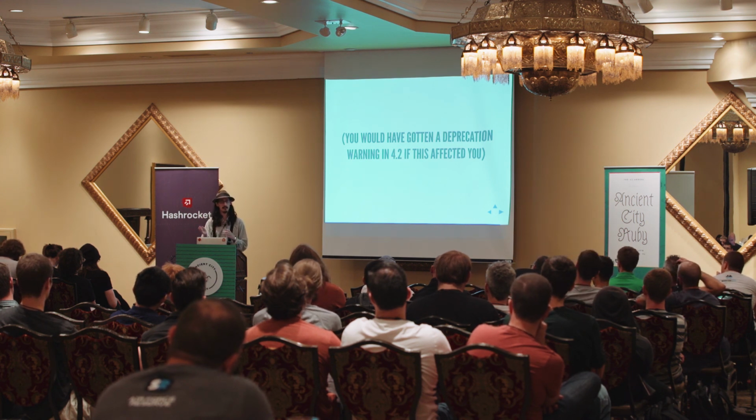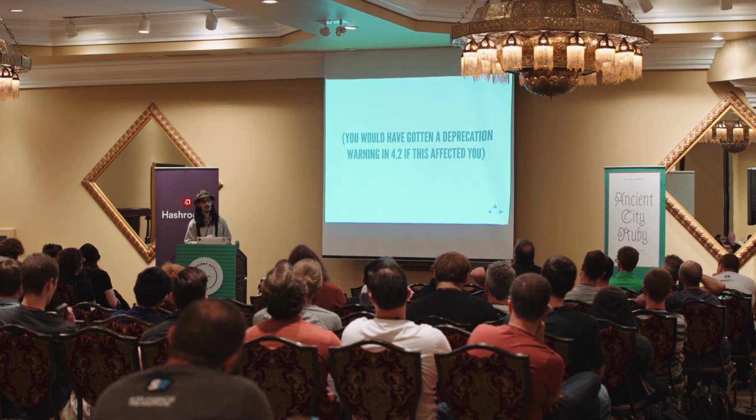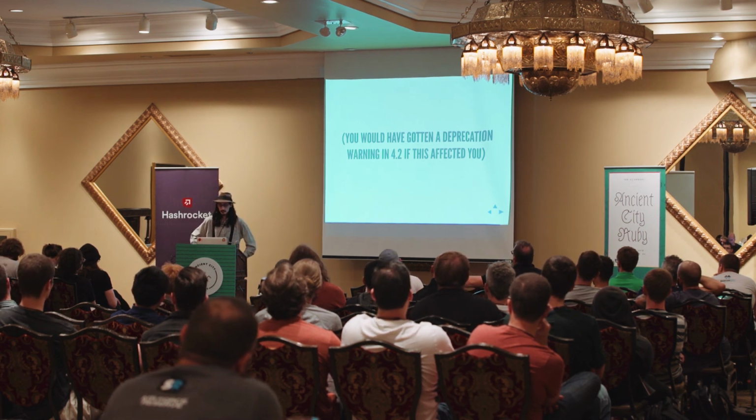And if there was a value which would have changed, we would have given you a deprecation warning. And there's a config option you can set in 4.2 for it. Yeah, so that will again hopefully be a feature that you never have to see, because we just don't have some confusing semantics by default.